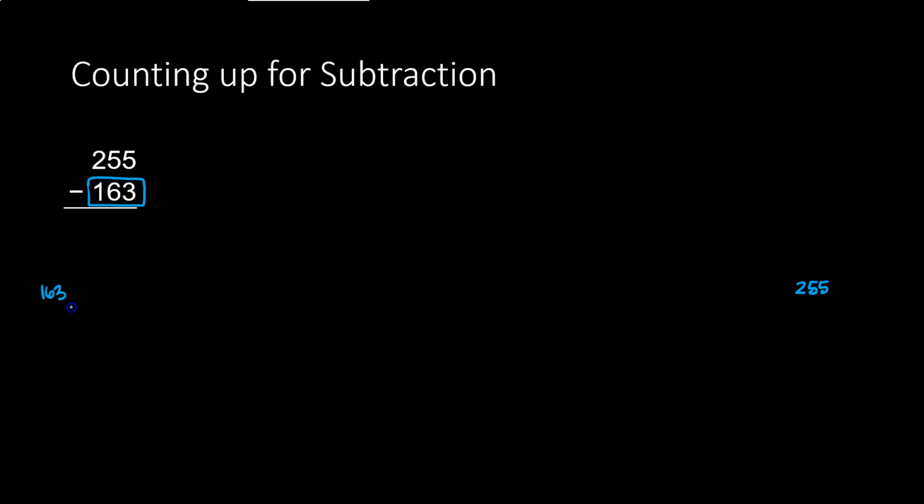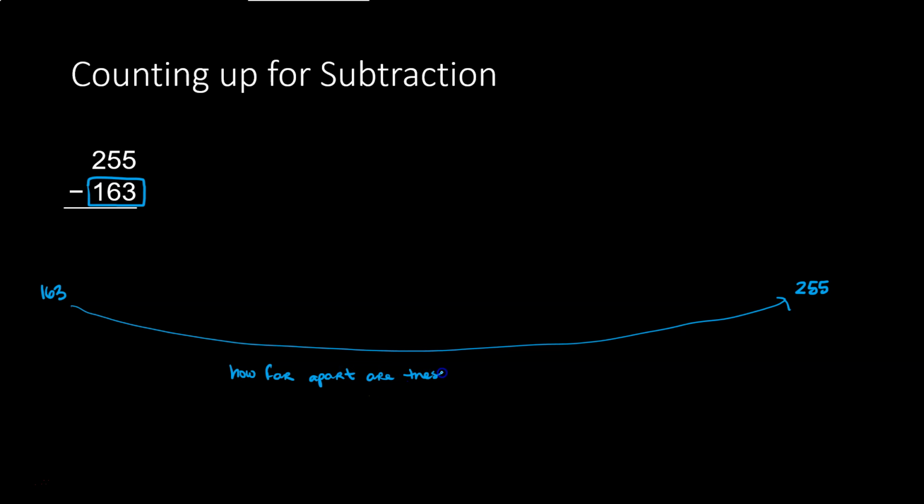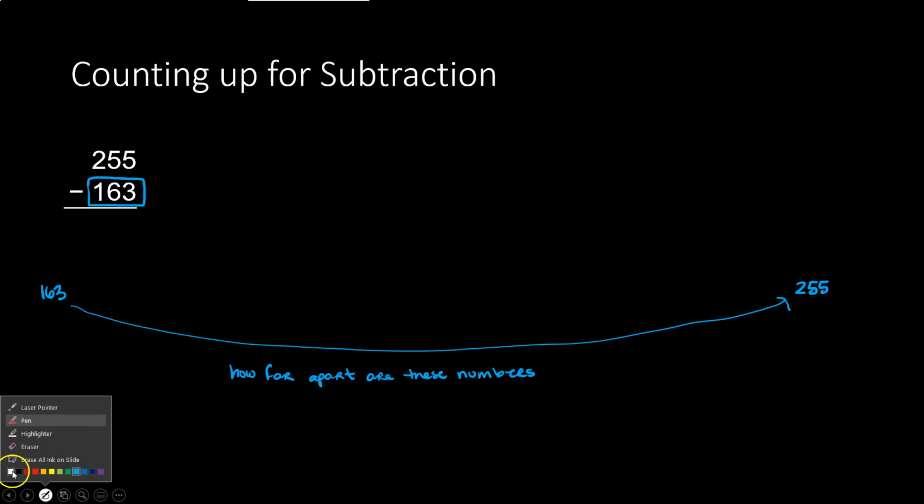So I want to know how far apart are these numbers. That's what subtraction is asking. And since the real question is how far apart are these numbers, using this model really helps illustrate what we mean when we say how far apart the numbers are.